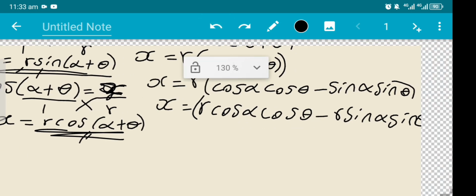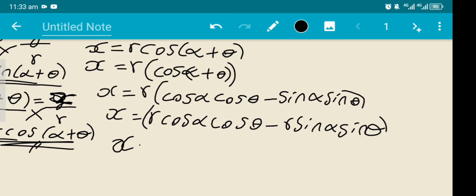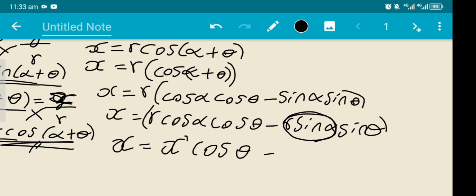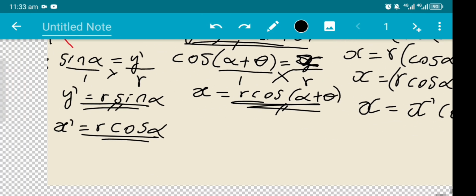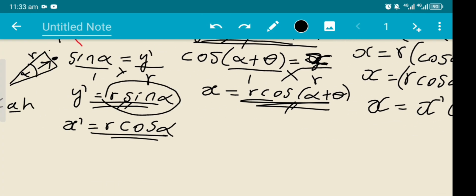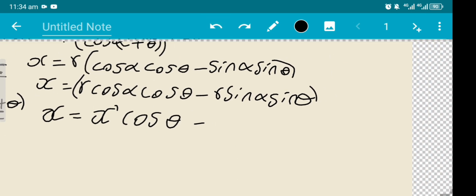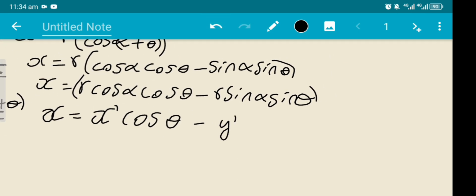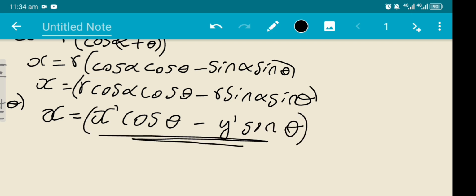So this is going to be x is equals to x prime cos theta minus, let's also look at this. This is r sine alpha. And according to what we had done here, r sine alpha is equal to what? y prime. So let's write our y prime there. So that's y prime sine theta. Okay. So for now, let's skip this equation as well.